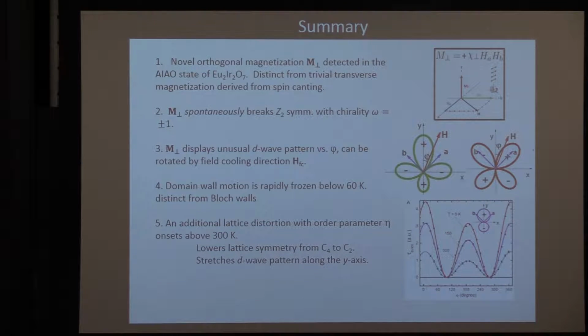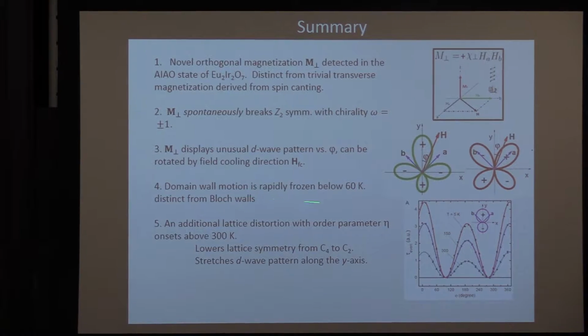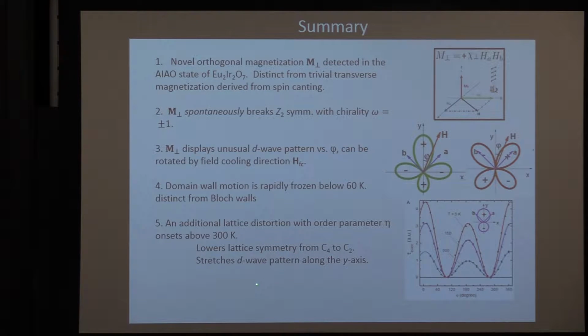You can run it to the highest field. This pattern is frozen in. So you cannot change it, I believe, even up to Tesla, although we haven't tested it yet. The only way you can change it is to warm it up above the transition and then field cool in the other direction. So the motion of the domain wall is very interesting to me.